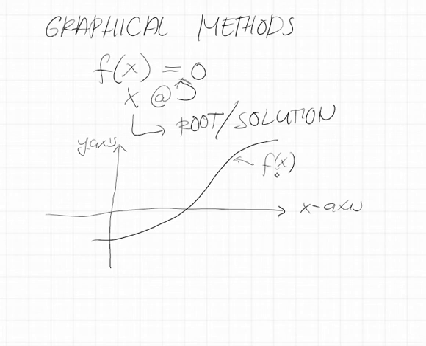When the function intersects with the x-axis, the value of f of x is equal to 0. So this point is where we can find the root of the function. If we draw it graphically, you can see immediately that whenever the function intersects with the x-axis, that intersection point is a root.